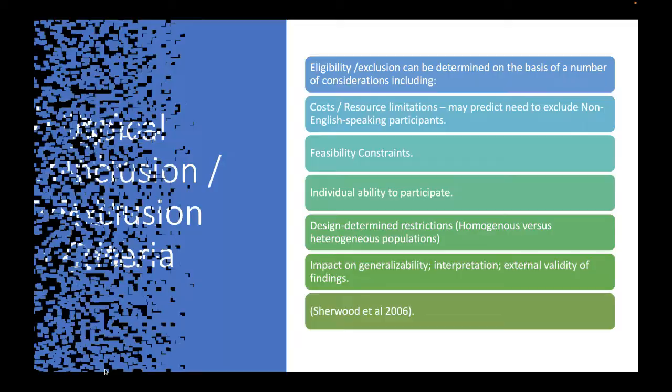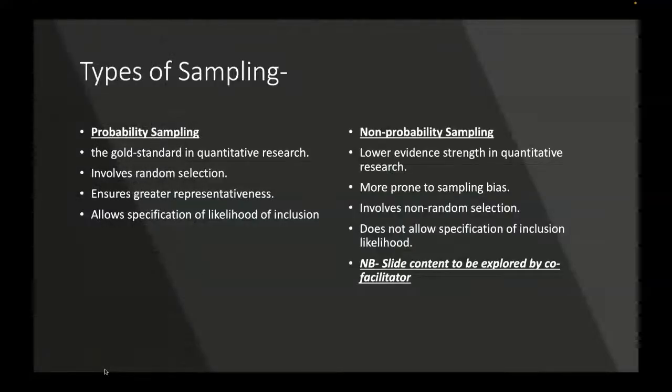Now, as I've said, there are two broad types of sampling: probability, which is mathematical; and non-probability, which is more characteristic based rather than anything to do with maths. So in quantitative research, where numbers are everything, the gold standard of sampling is probability sampling.